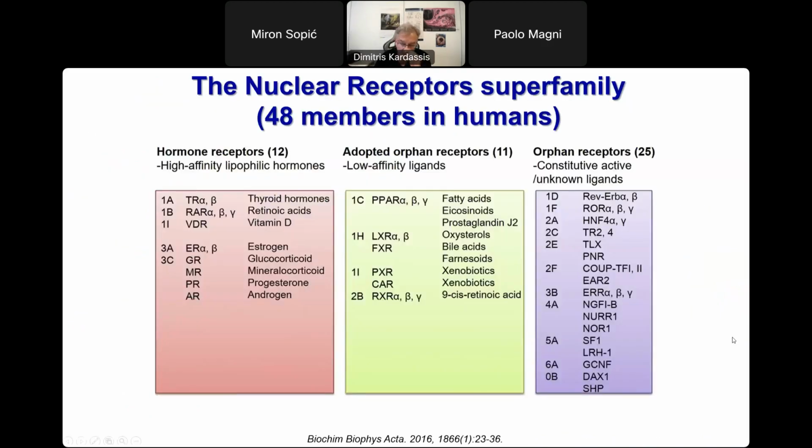There are very famous proteins in this family, including the classical hormone receptors, such as glucocorticoid, estrogen, and androgen receptors, etc. We have some factors which are very important for cardiovascular diseases because they are involved in cholesterol and fatty acid biosynthesis, such as the PPARs, the LXRs, FXRs for bile acids, RXRs, and we have a class which are orphan receptors, meaning that for this specific subfamily, we don't know the ligand, or maybe there is no ligand, and these are constitutively active.